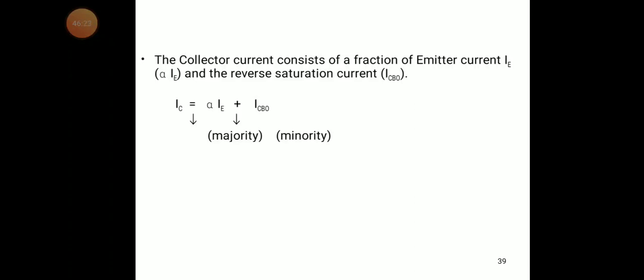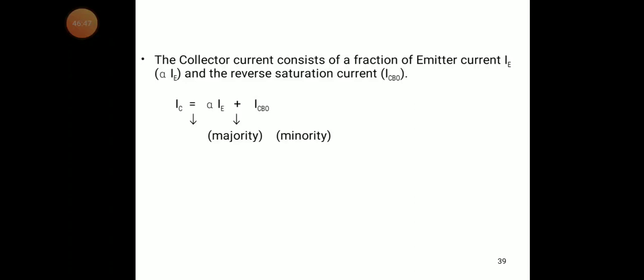Like this, the current moves from the emitter to the collector. Here we use two types of charge carriers: in the emitter, majority charge carriers, and in the base, minority charge carriers. By using both charge carriers, we are transferring the current from one to another.